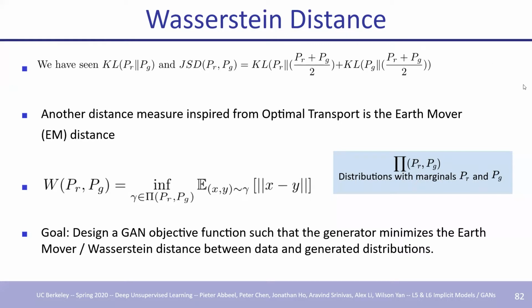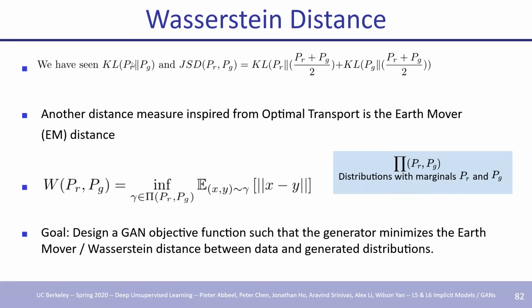And then for the original GANs, we had the Jensen-Shannon distance, which is the KL divergence between the average and KL. This is a distance metric, and we discussed last time that the actual loss function was the Jensen-Shannon distance. And then in the VAEs, we had the KL divergence.